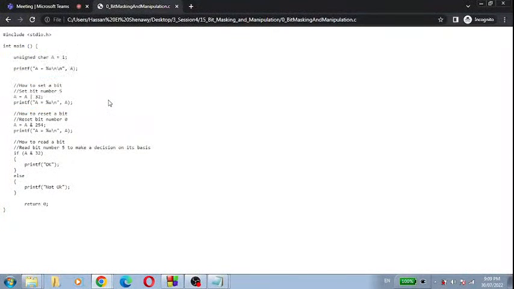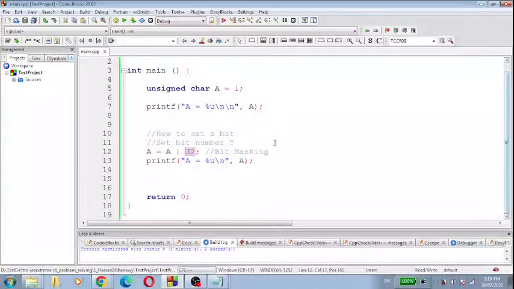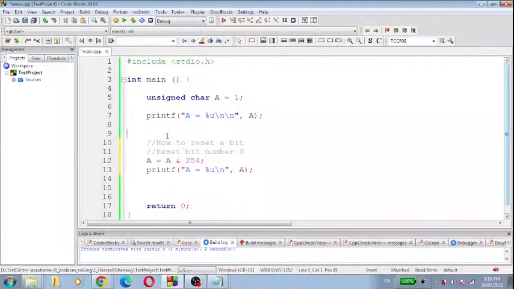Now we are going to the second requirement, which is how to reset a bit. It's pretty much the same actually. Let's try this. The requirement here says that I need to reset bit number 0. What is this about?